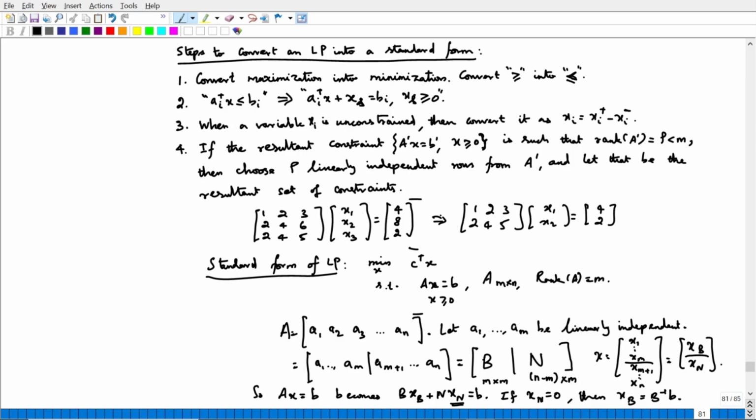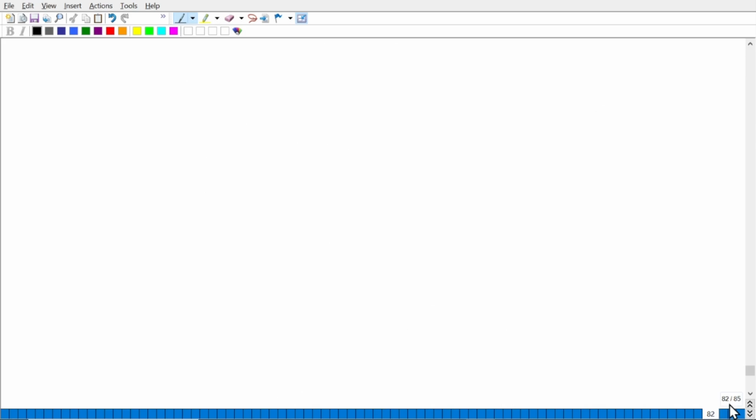So, one of the solutions of Ax equal to b is xB, xN equals B inverse b comma 0.